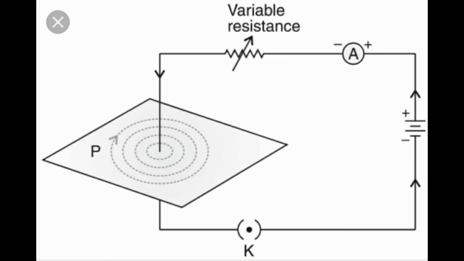Activity 13.5. Take a battery, variable resistance, means rheostat, an ammeter, plug key, connecting wires, and a long straight thick copper wire. Insert the thick wire through the center, normal to the plane of a rectangular cardboard.